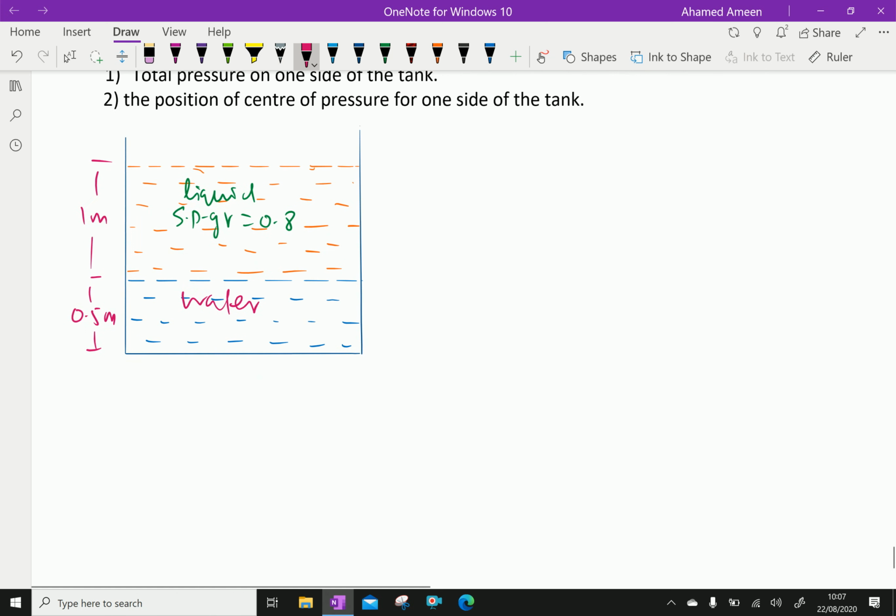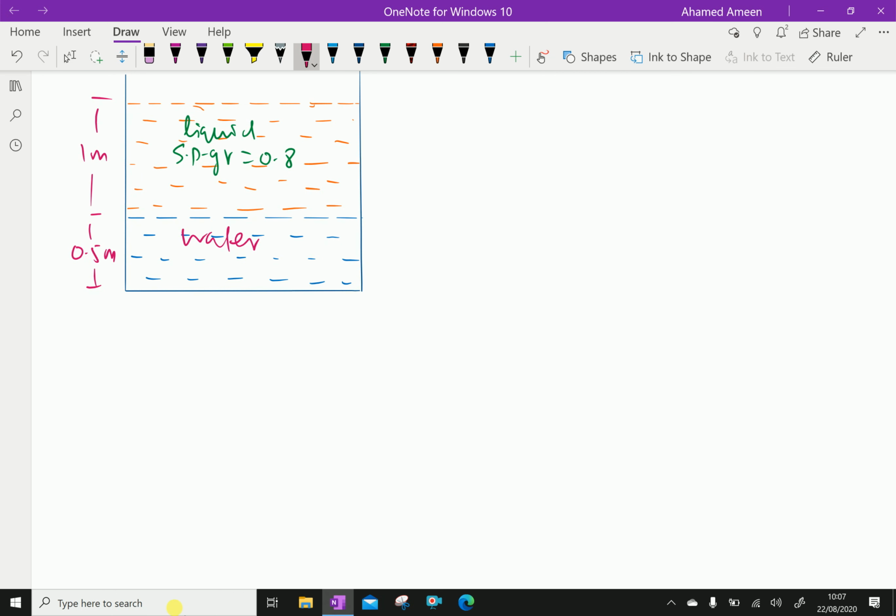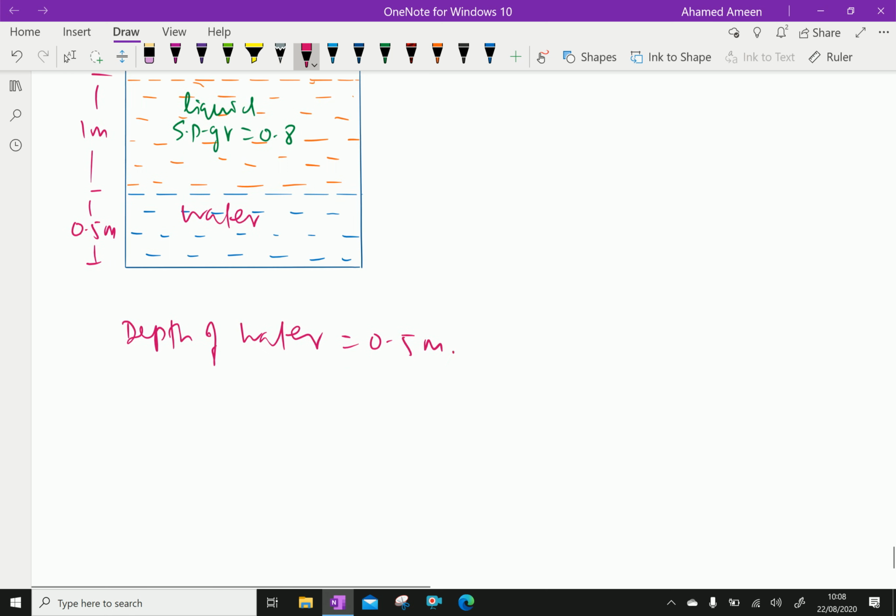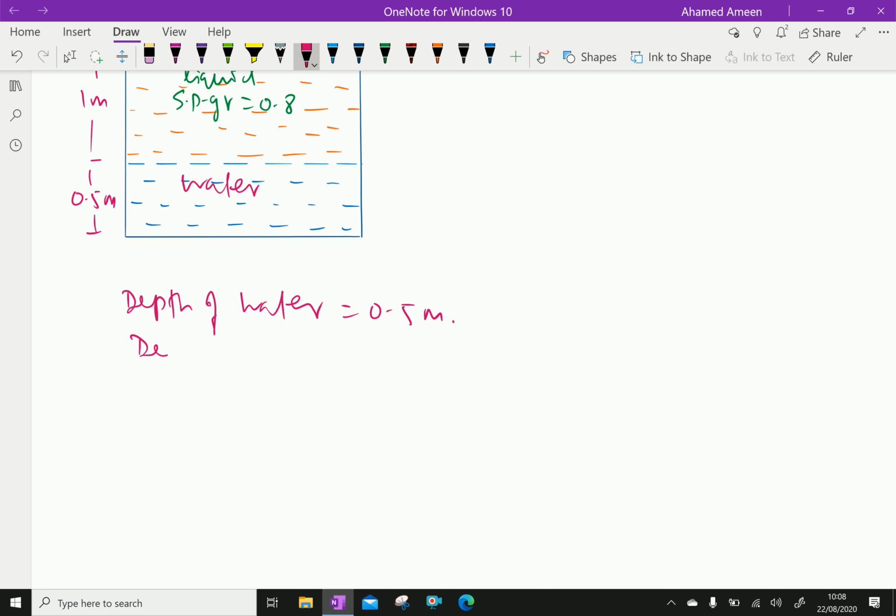Now, the given points: depth of water equals 0.5 meter, depth of liquid equals 1.0 meter.